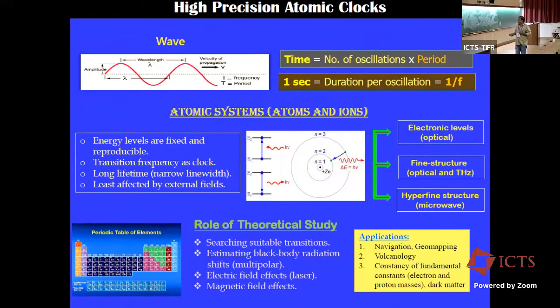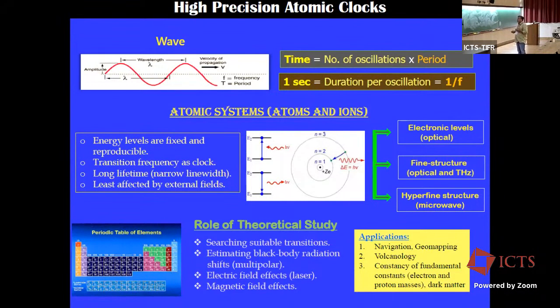Now, if you want to find out which candidates or which transitions are suitable for making atomic clocks, you cannot perform experiments everywhere. Okay, that is not feasible. That is where the role of theoretical study comes in. We can find the transitions by calculating various properties, to see which atoms or ions can be considered for atomic clocks.